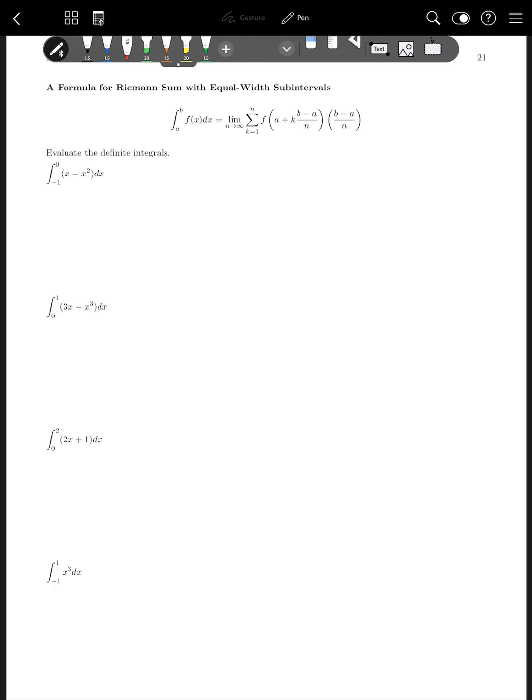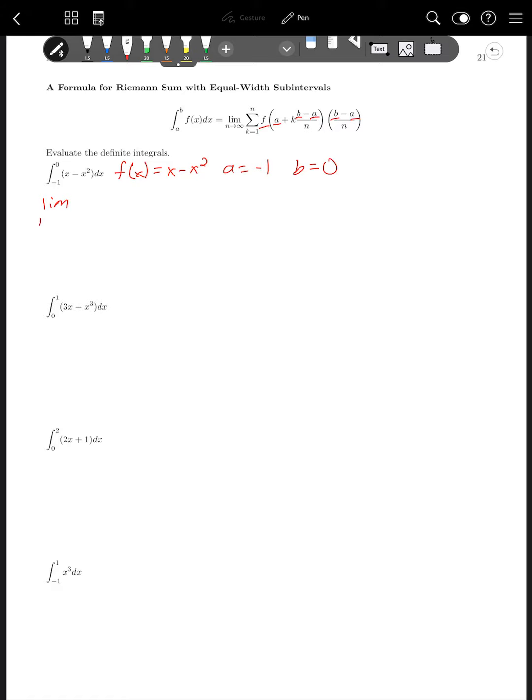We really just need to know what A, B, and F are, because those are the variables here: A, B, the constants, and whatever F is. So our function f of x is x minus x squared, our A is where our interval starts, which is -1, and our B is 0.